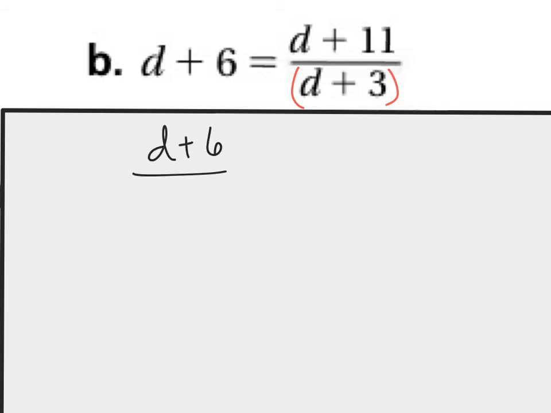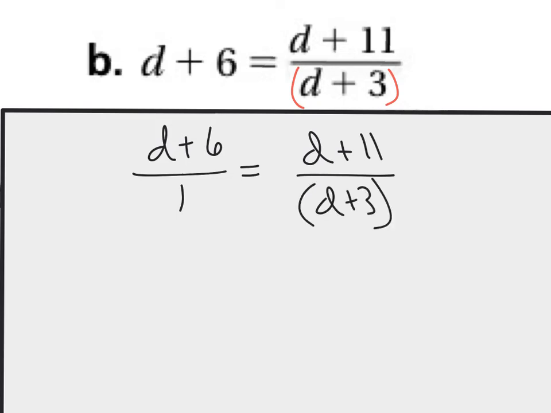Let me just rewrite this. On the left side, I'm going to put that over 1. And then we're going to try to multiply to get rid of the denominators. So to get rid of that, we would need to multiply by d plus 3 on both sides.